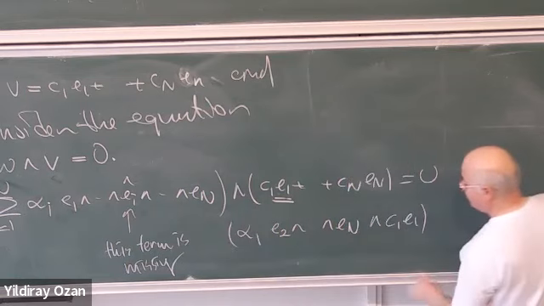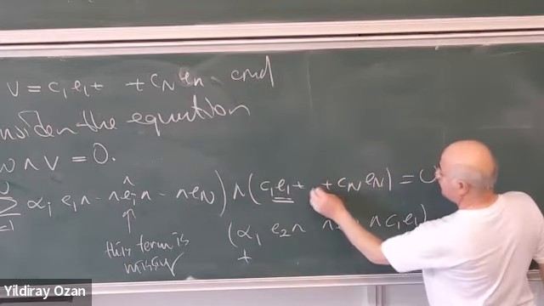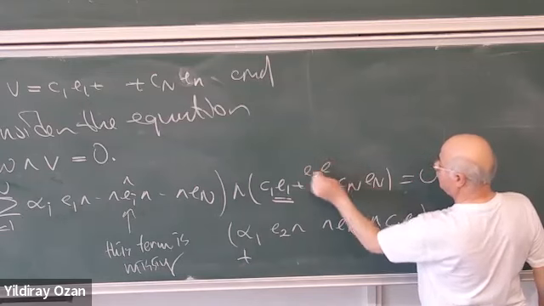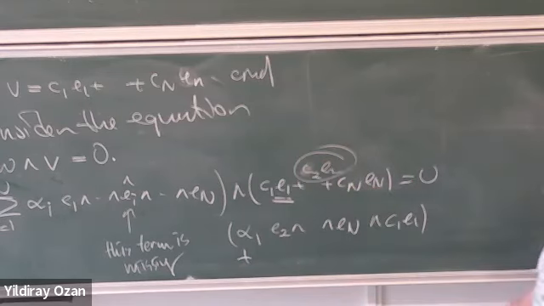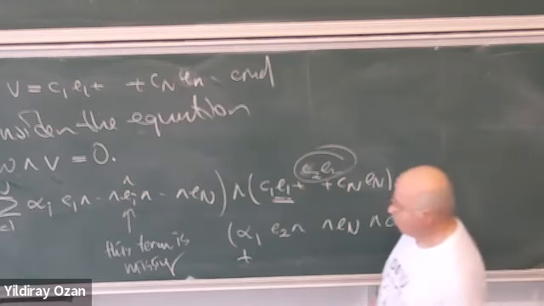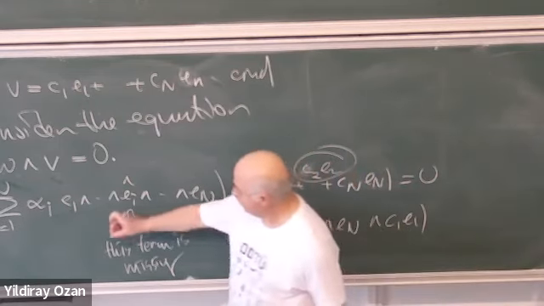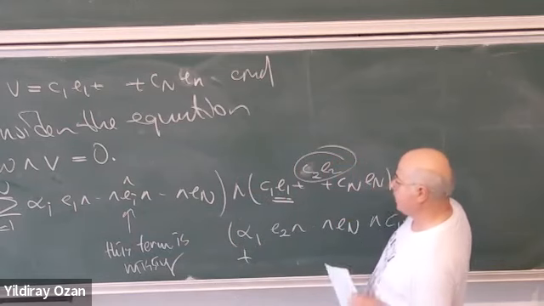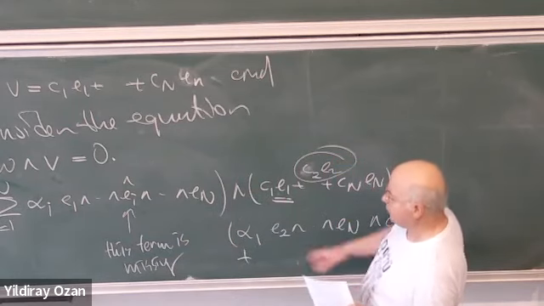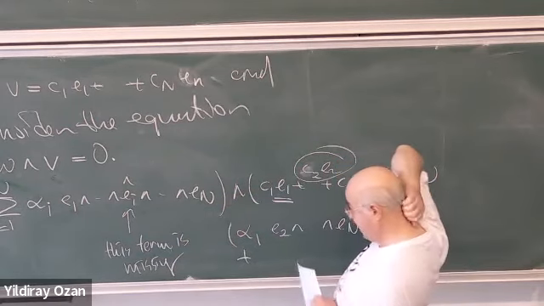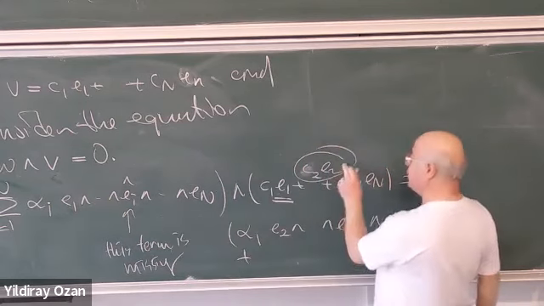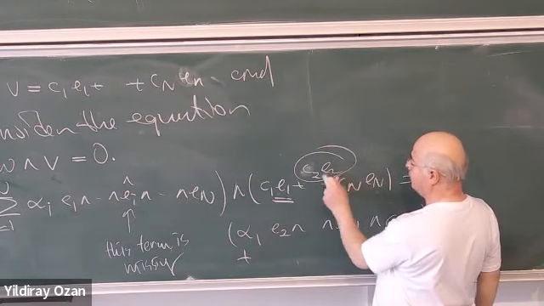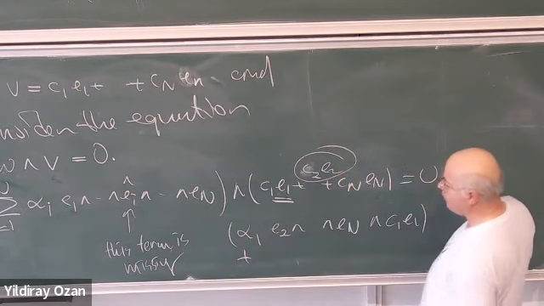This is the first term, plus the second term, C2 E2. This will give me non-zero only with the product of the second term, right? Because if E2 is missing, then the wedge product with that one will give me something non-zero.